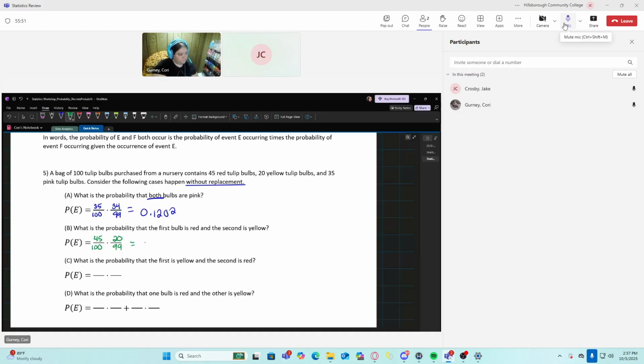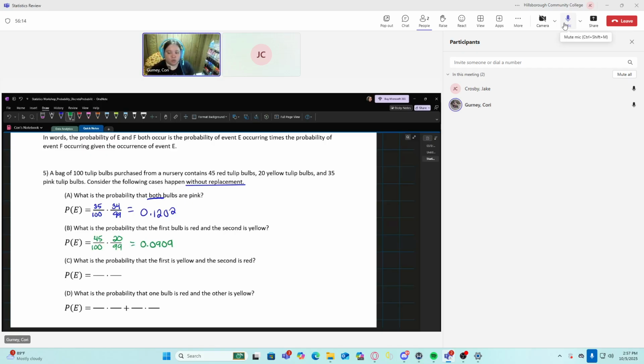If we take out one of the red, we need to use 45 out of 100 because we haven't taken any out yet. But then order is important. When we go to take out the yellow one, there's still going to be 20 yellow bulbs because we know that the one we took out was red. But we know that that one red is one of the 100, which makes it 99 in the denominator.